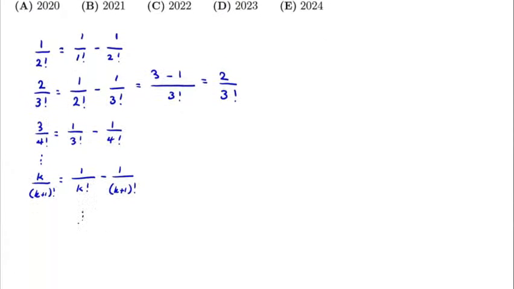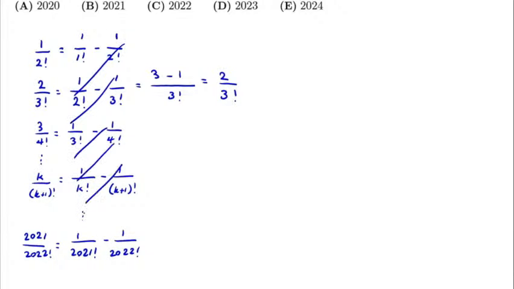And we go up to 2021 over 2022 factorial, which will be 1 over 2021 factorial minus 1 over 2022 factorial. And if we cancel, all these things will be cancelled, and the sum will be 1 over 1 factorial minus 1 over 2022 factorial, which is 1 minus 1 over 2022 factorial.